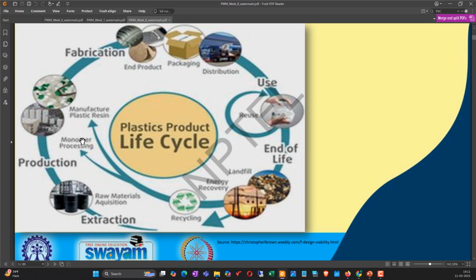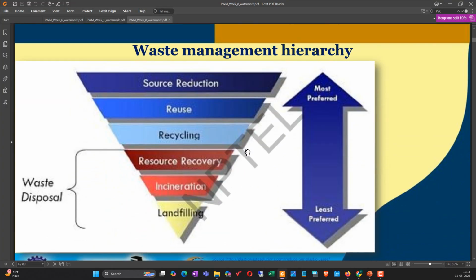And another one is landfill at the end, or reusing them if possible, right? And energy recovery is also another thing that can be done.